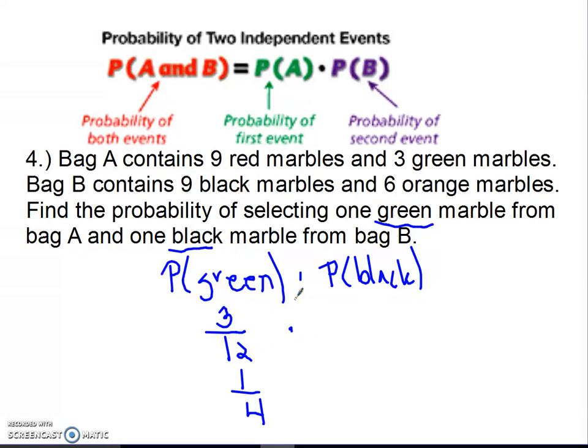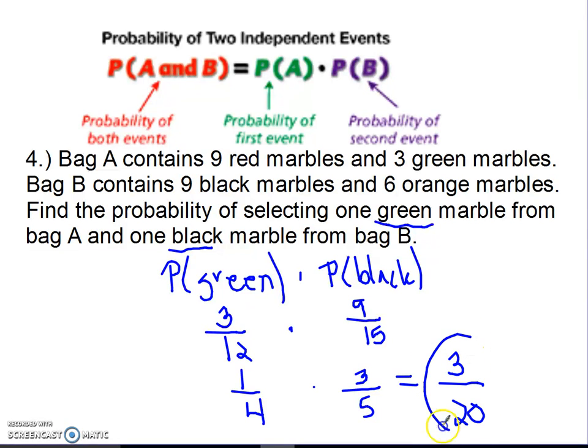In bag B, there are 9 black out of a total of 15. 9/15 we've already simplified is 3/5. Top times top, bottom times bottom, we get 3/20.